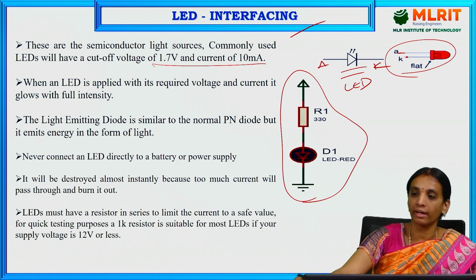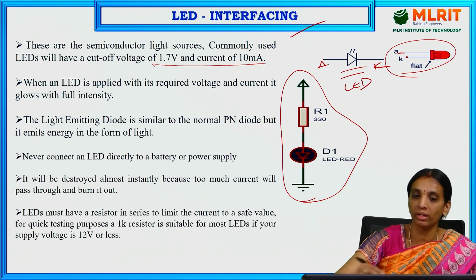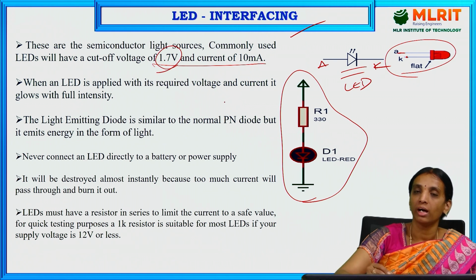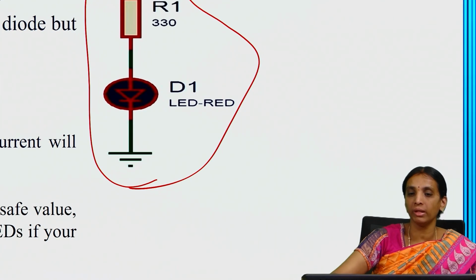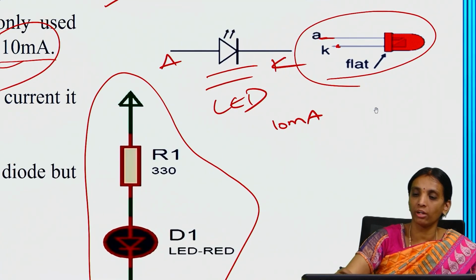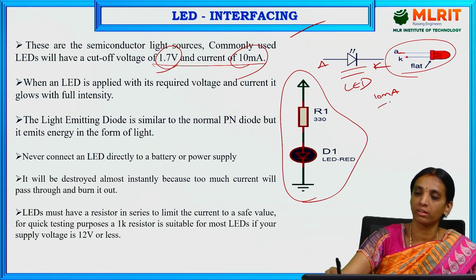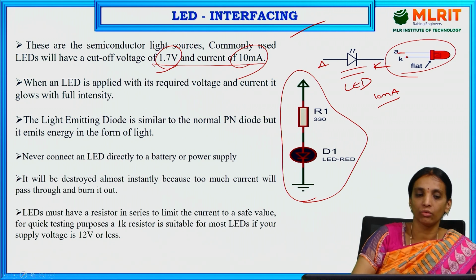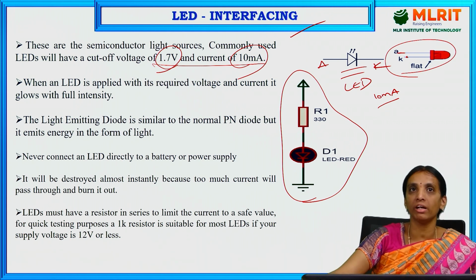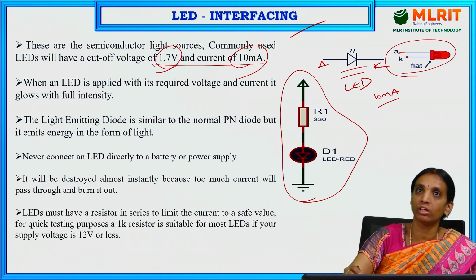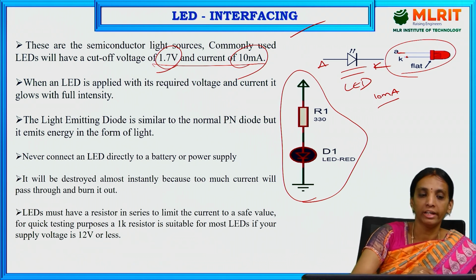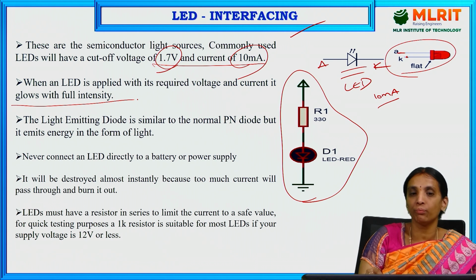That means a large current will be developed by this LED. Only when the sufficient voltage required for the LED is applied will the LED glow with full intensity.